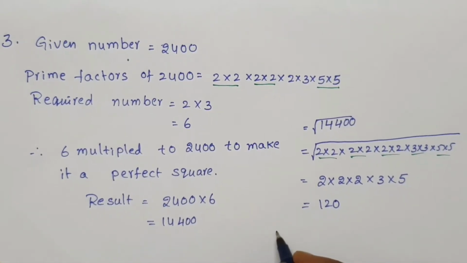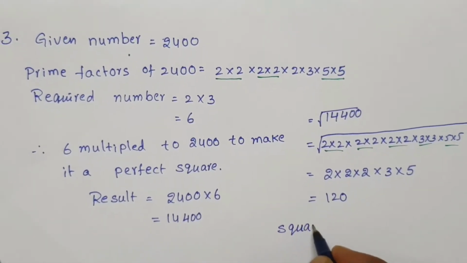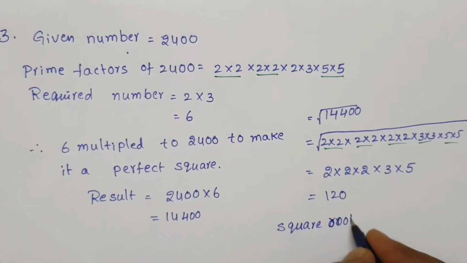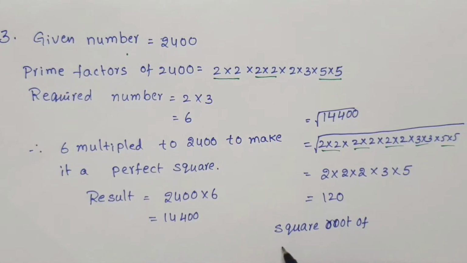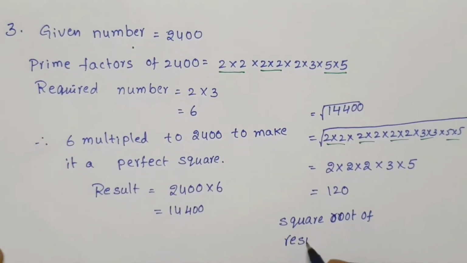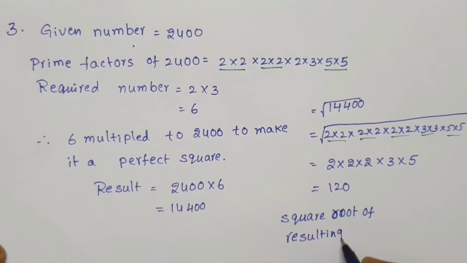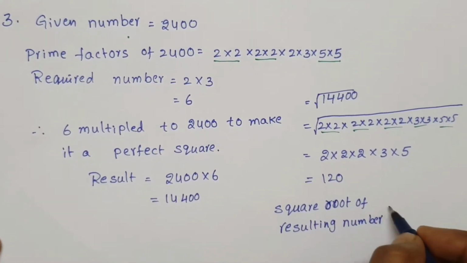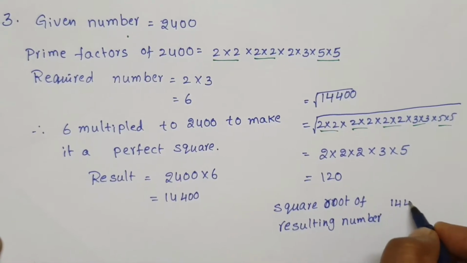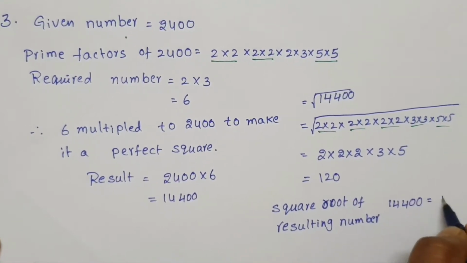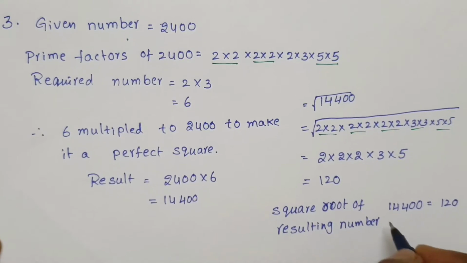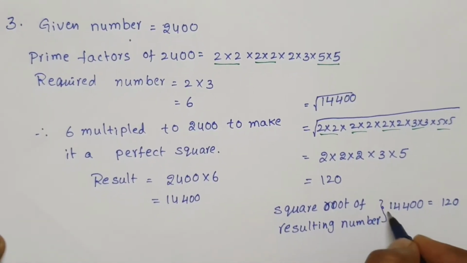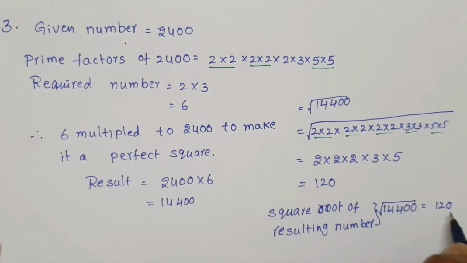So now the square root of the resulting number. Square root of the resulting number means 14,400 equal to 120, or square root of 14,400 equal to 120.